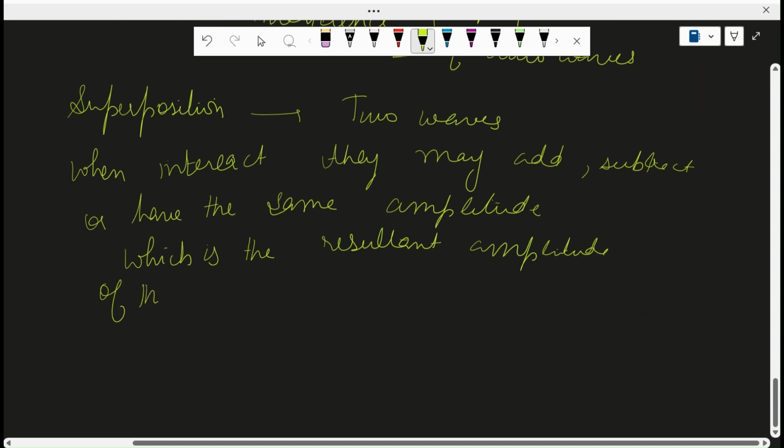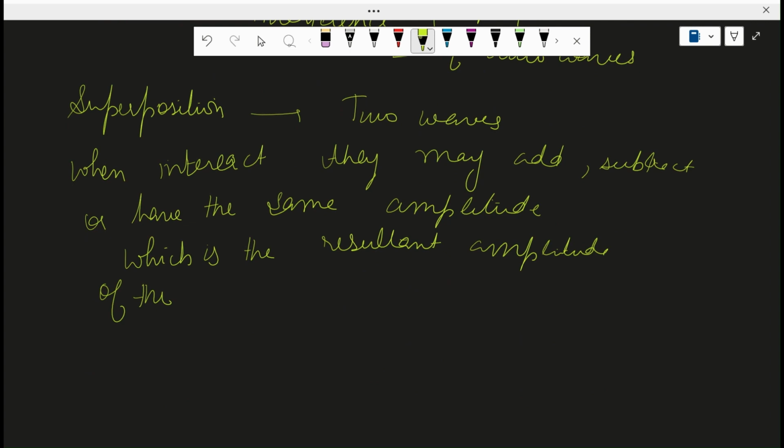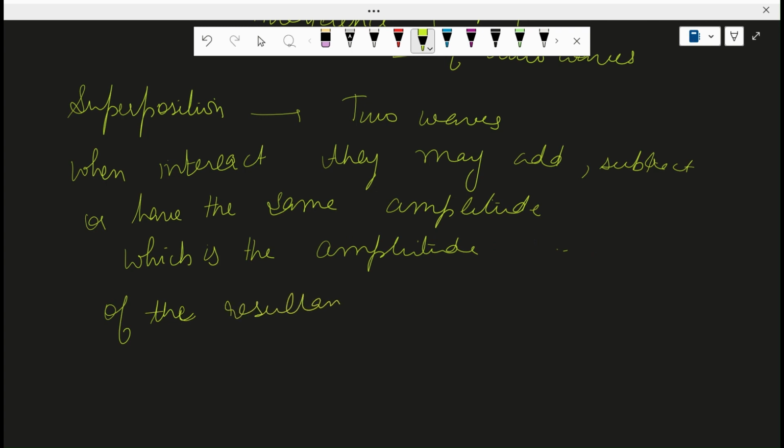of the, or we can write this way, which is the amplitude of the resultant wave, right?